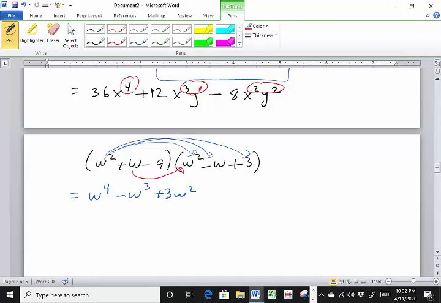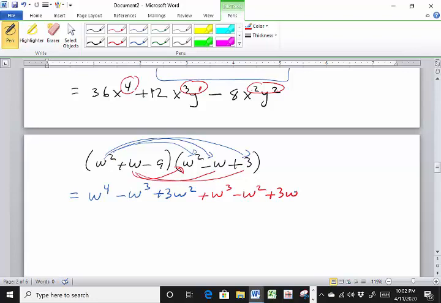This times this, w times w squared is w cubed. And this times this, w times minus w is minus w squared. And then this times this, w times 3 is 3w. Okay?